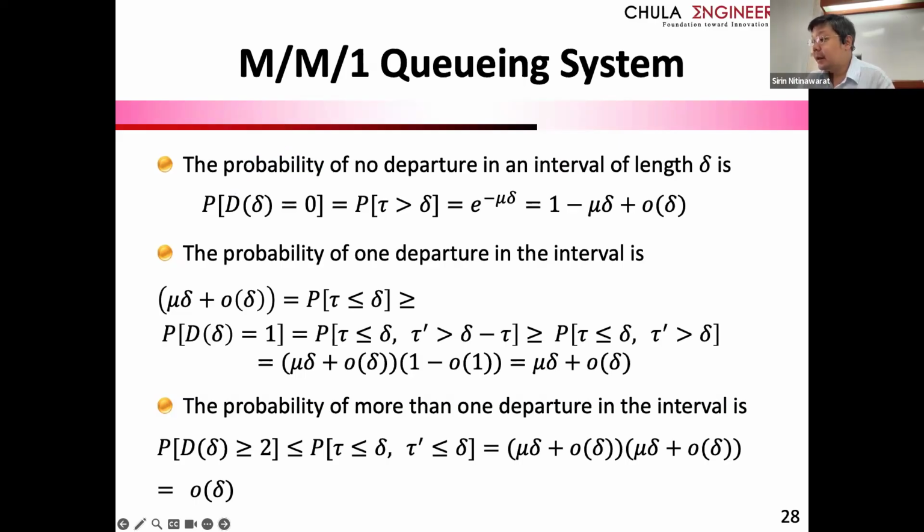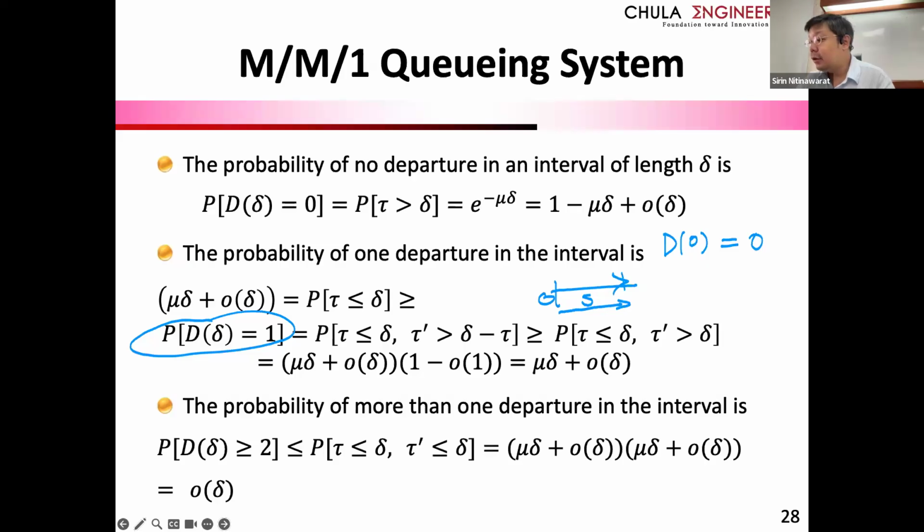The assumption here is you start with time 0 equal to 0, and let's say this is 0 and this is delta. You want to compute the probability that by the time of delta, only one customer has left. So how do I represent that?